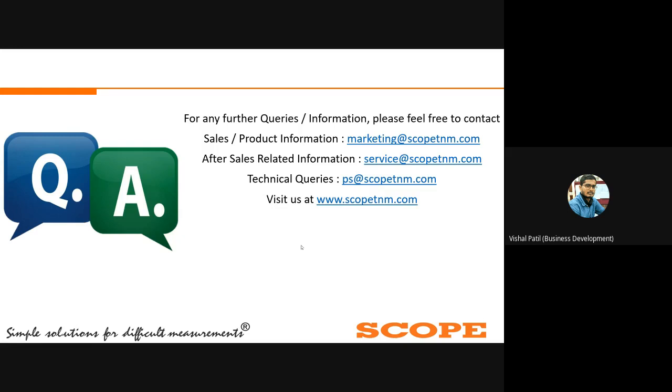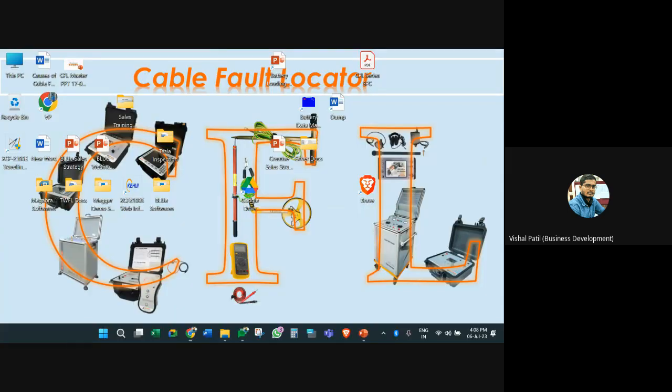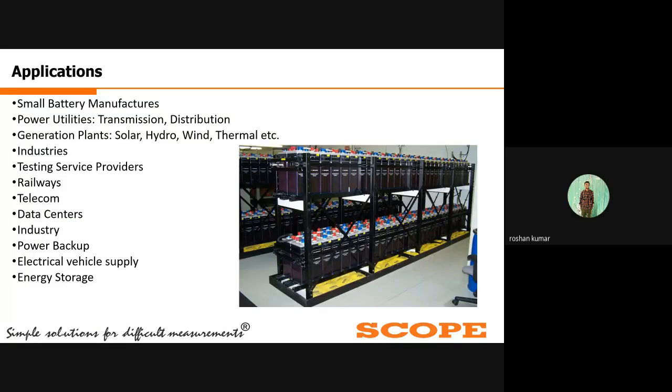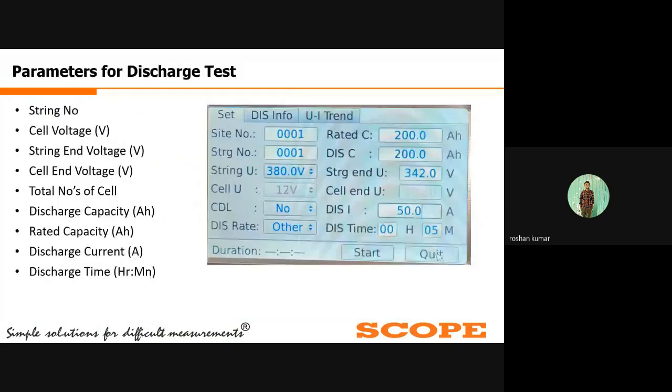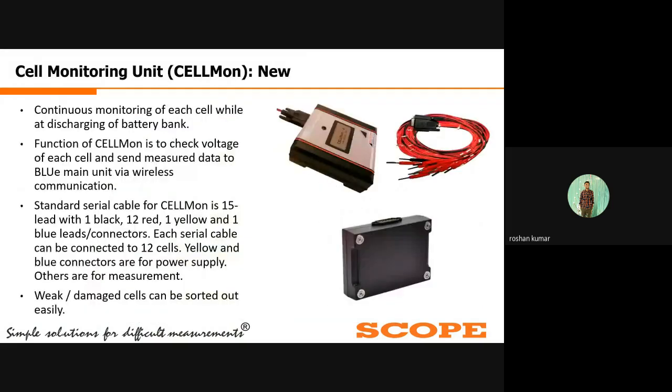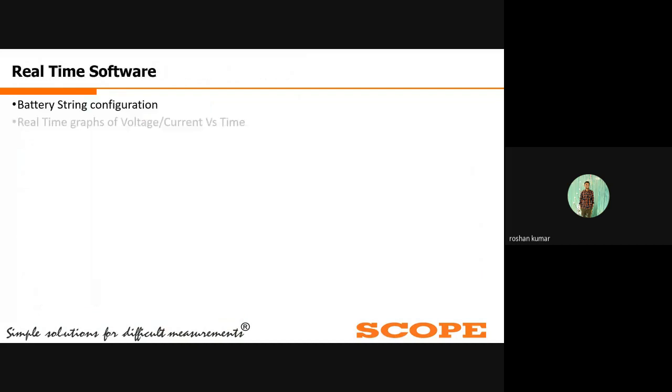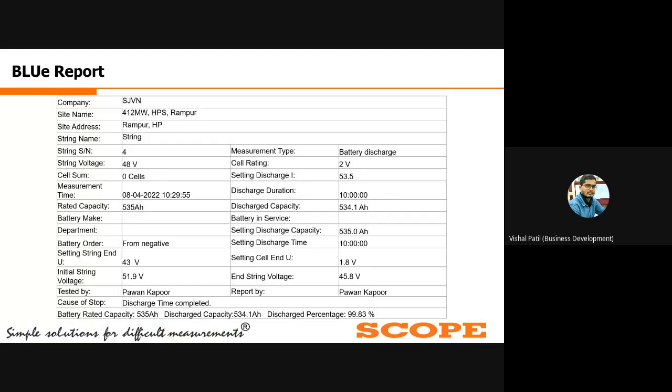So let me share that particular slide in which I have shown our test report. So in this way, our test report will be shown. Generally, you have to set the discharge current and discharge duration at the time of starting the test.